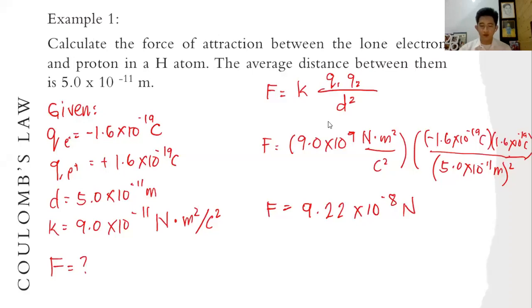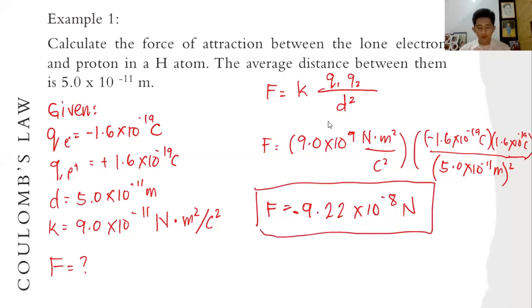Negative times positive is negative. So we have here the negative sign, 9.22 times 10 raised to negative 8 newtons. Since the answer is negative, this gives us the final answer that they are in the attraction mode, or the force between them is the force of attraction.